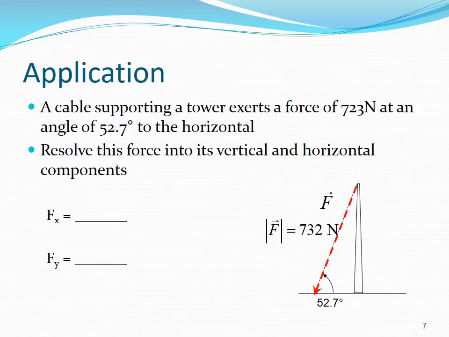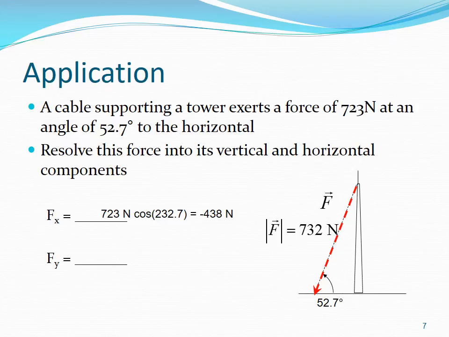This is opposite the angle of 52.7 degrees. This is 180 degrees opposite the 52.7 degree angle, so we add 180 degrees to it to get the direction of the pull, or 232.7 degrees.